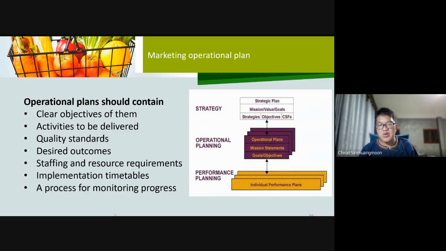Staffing and resources requirement: sometimes you also need to have the manpower and the resources as well. Implementation timetable: you need to have the time frame with a clear date, clear month, clear year that you're going to finish. And a monitoring process, to track progress. So you need to have a process to monitor or track the results of the operational plan.